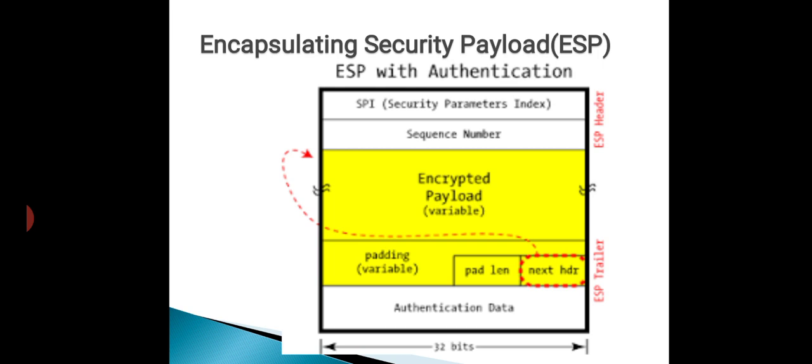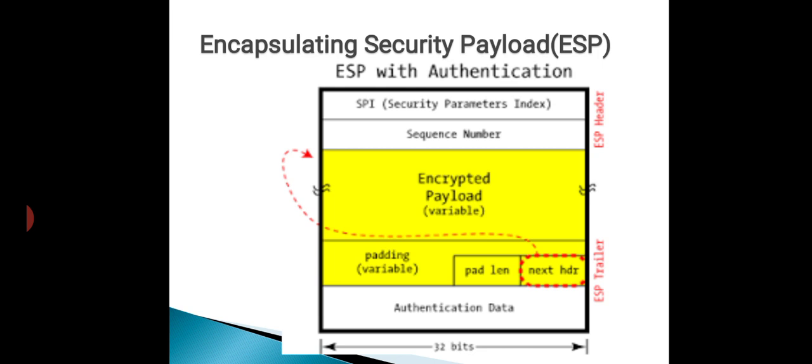Second is the sequence number. This 32-bit field is used to prevent a replay attack. Next is payload data. This is the transport layer segment in transport mode or the IP packet in tunnel mode, that is fully protected by encryption.